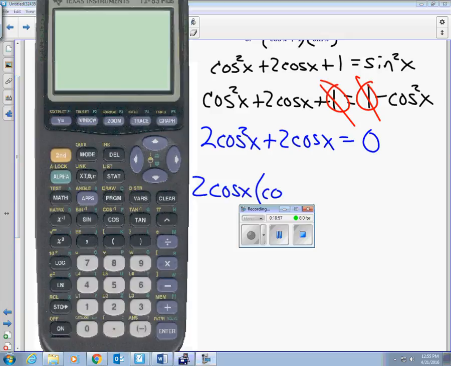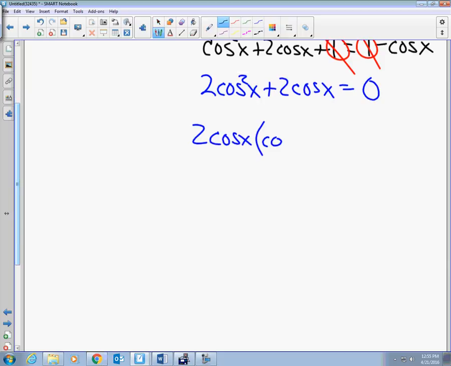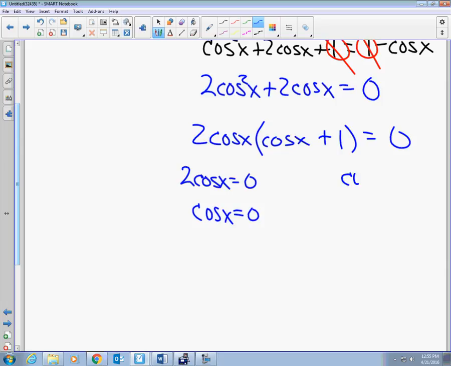That was awesome. All right. Okay, here we go. All right, what's up? What we got? Plus 1. So we've got 2 cosine of x is equal to 0, or cosine of x is equal to 0. And we've got cosine of x will be equal to negative 1. Everybody concur?